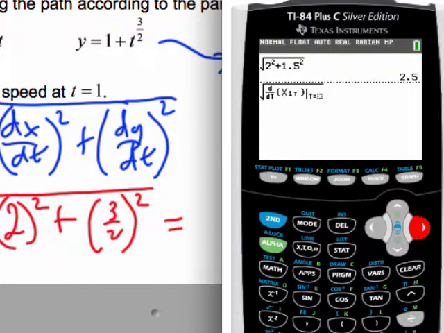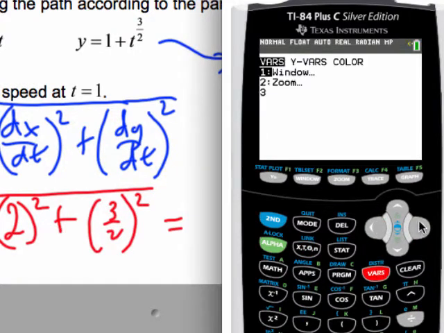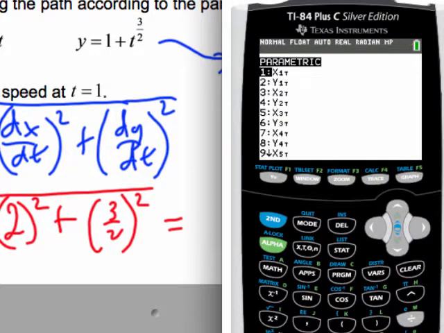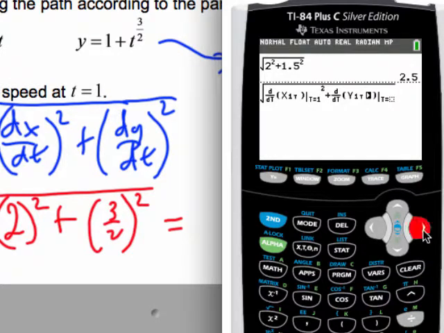I'm doing the derivative at x equals 1, and then I'm squaring it. And then I've got to do the same thing with the y component. At 1, square it. You can see it takes a lot of typing in, but it works. 2.5.